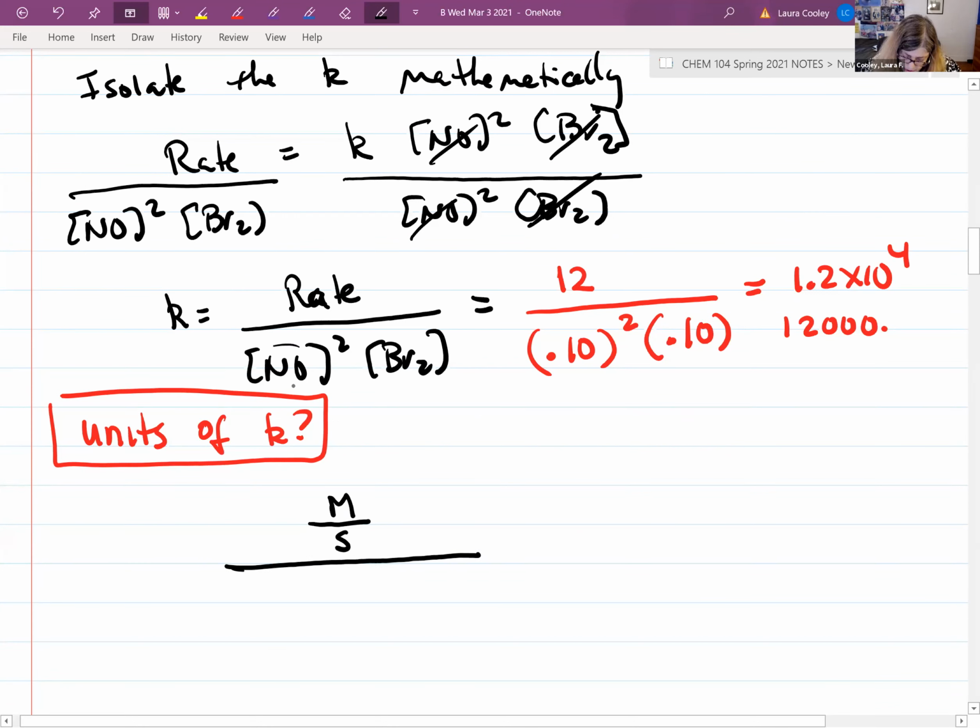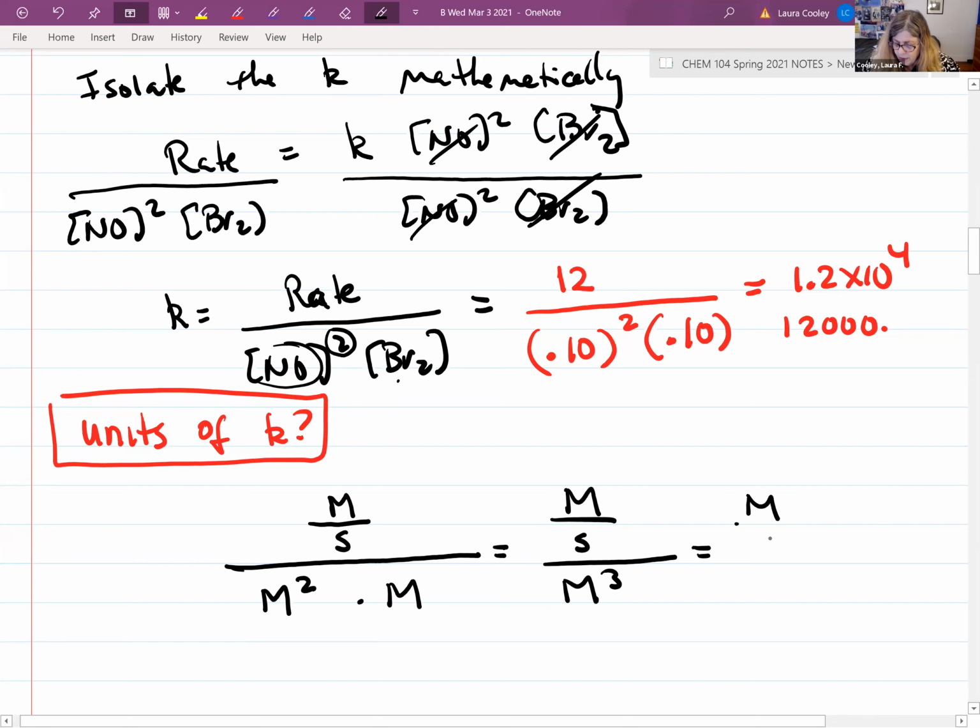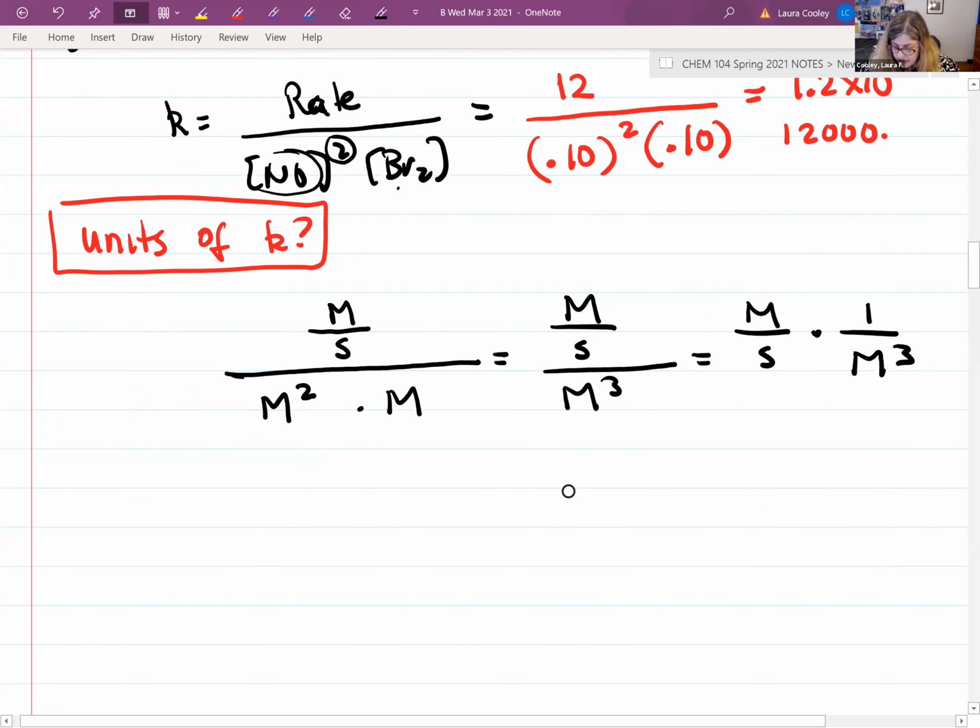And the units of concentration of NO, that's molarity, but there's a square. And here we have molarity without a square. So what I really have is molar per second divided by molar cubed, which I would write as molar per second times 1 over molar cubed. And you can see that one of these is going to cancel out.